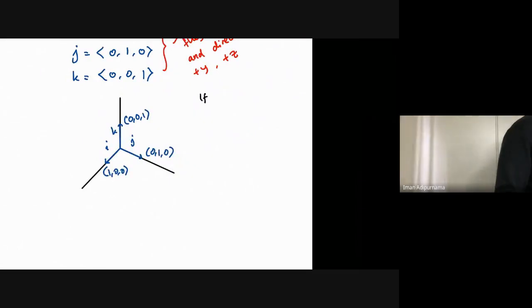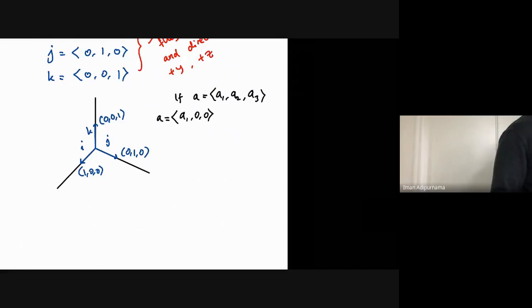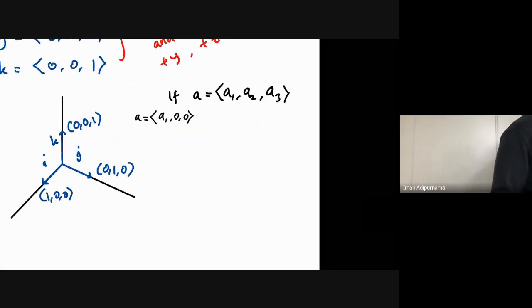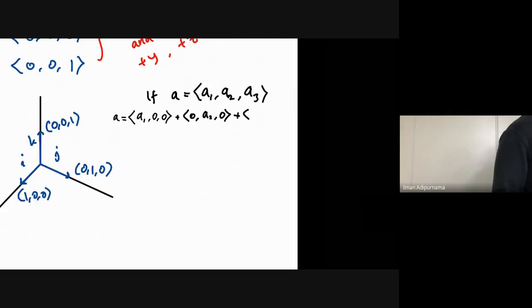Now if we have a vector a, let's say it's (a1, a2, a3), we can write this a as a1 times (1, 0, 0), plus a2 times (0, 1, 0), plus a3 times (0, 0, 1).